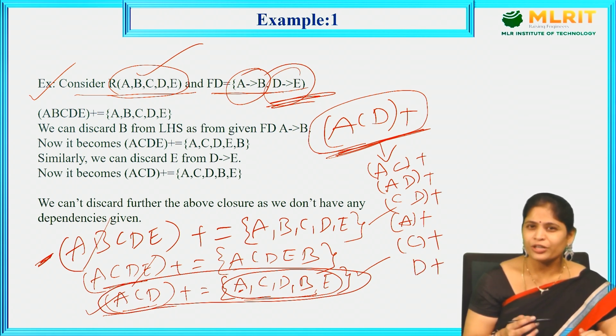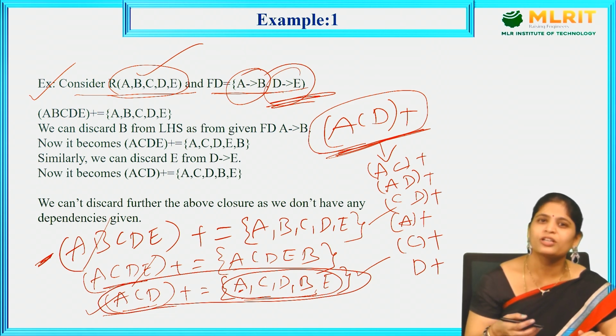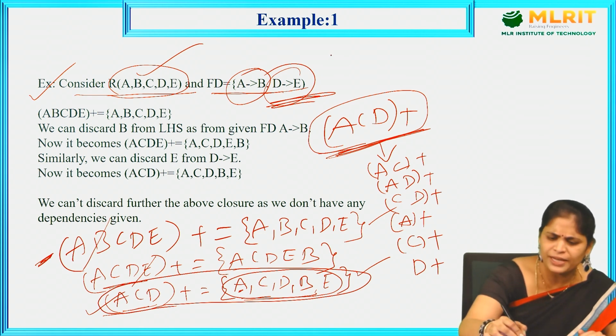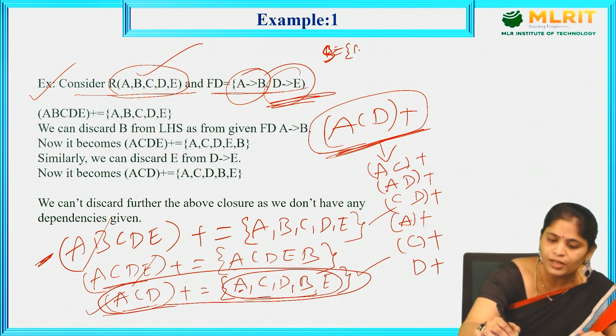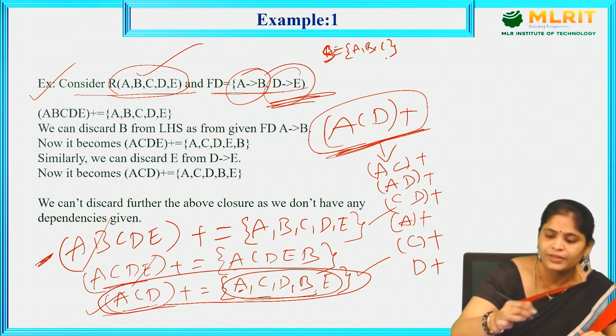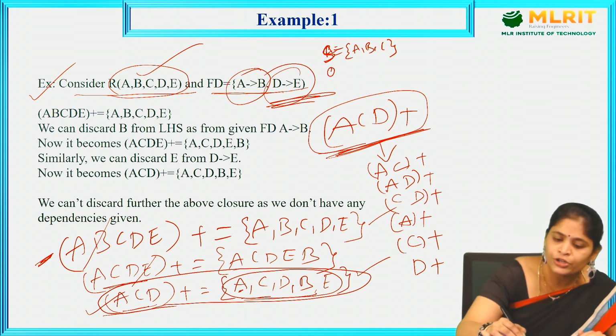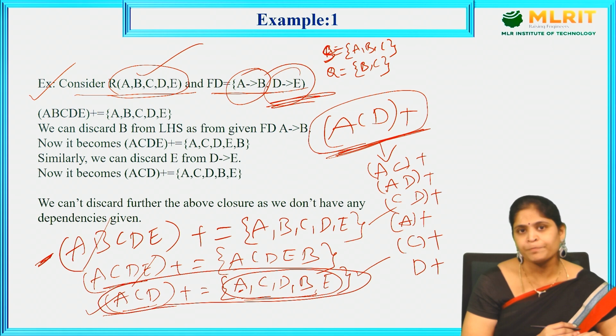Before going further, you need to know what a subset is and what a proper subset is. Let us discuss that with a simple example. Let S = ABC and Q = BC.